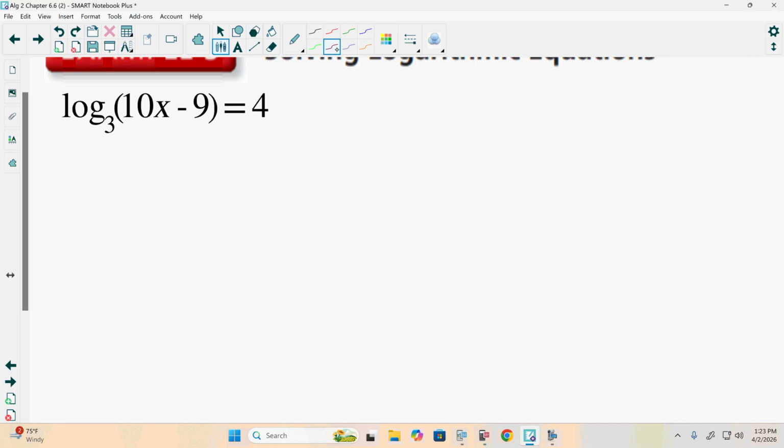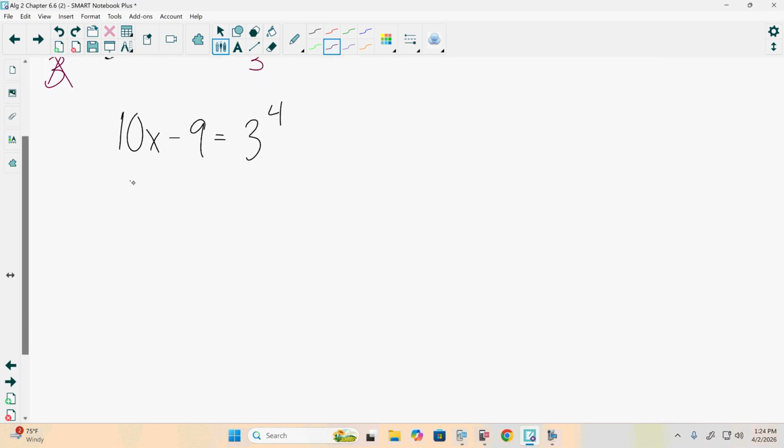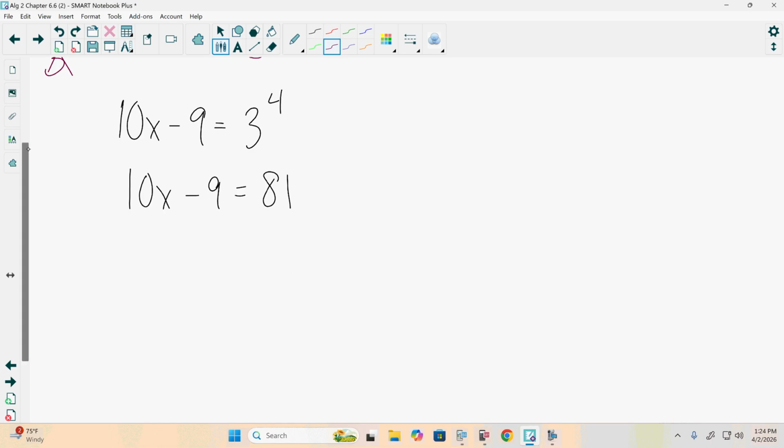So what are we going to put both sides to the base of? 3, because our 3 to the log base 3, these would cancel, leaving us with 10x minus 9 equals 3 to the 4th power. And if we calculate what 3 to the 4th power is, we see that it is indeed 81. Bigger than the last time, but it's still a nice number.